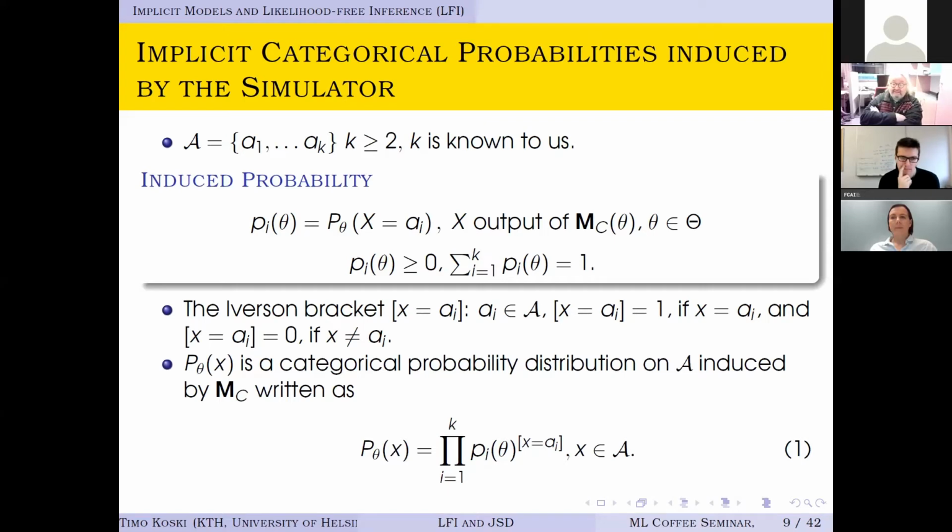There's a categorical distribution, a probability distribution on the alphabet induced by the simulator model, and I write it in this manner. I think it's a nice way of writing it, because it is like a real distribution with argument in the alphabet. And it's simple: if x is a1, then all the rest are 0, and you get p1, which is actually the meaning here.